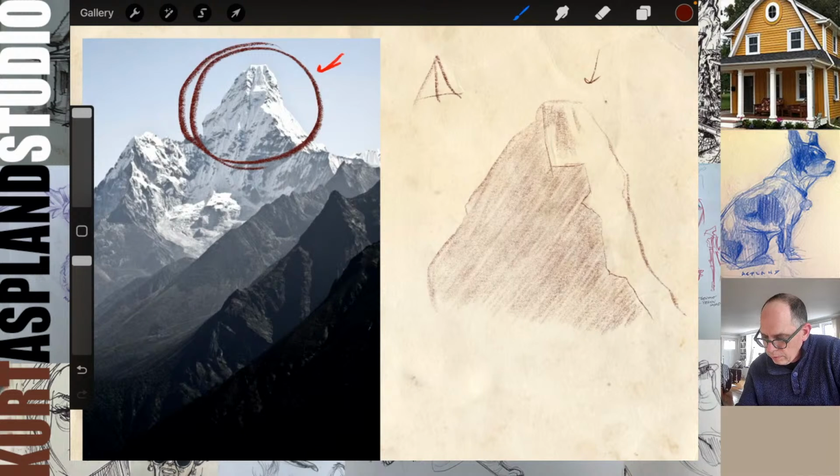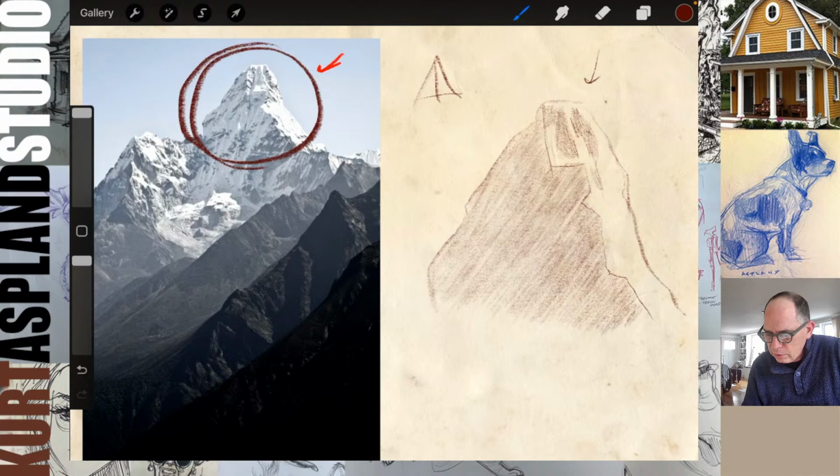I'm looking very carefully here. Okay, so that's my snow on the sunny side and my snow on the dark side.